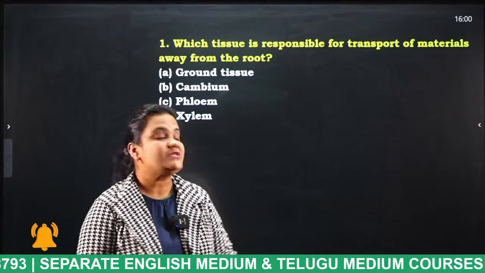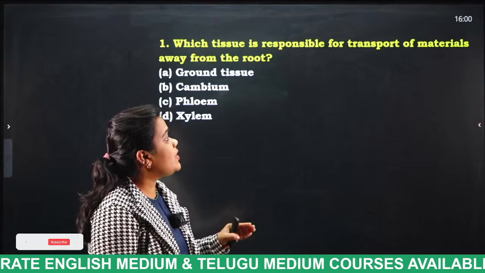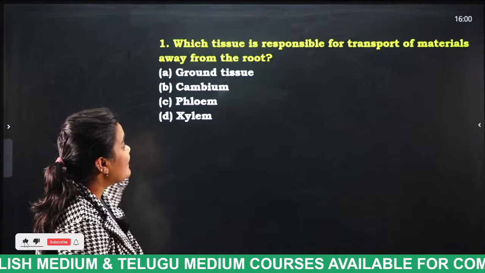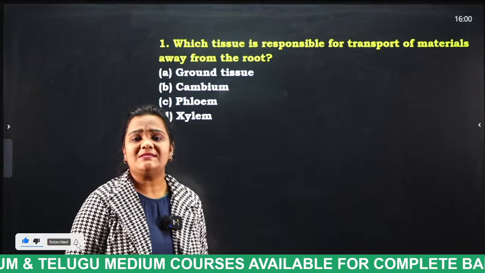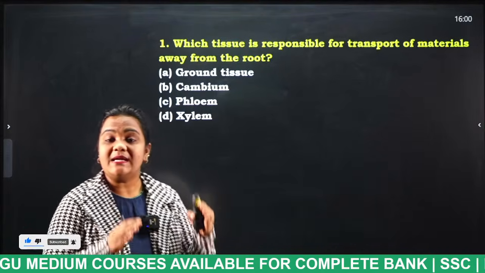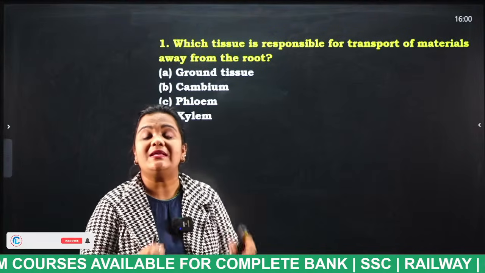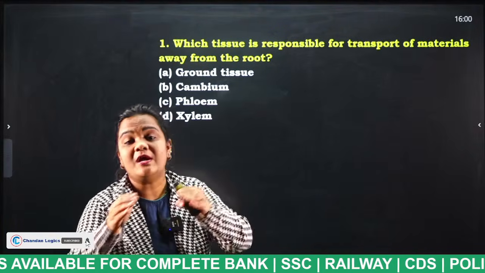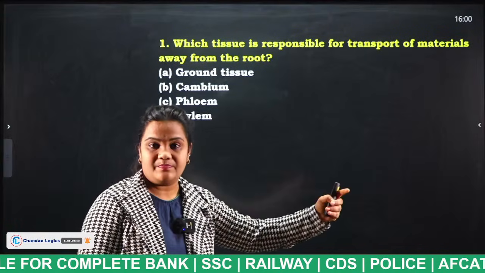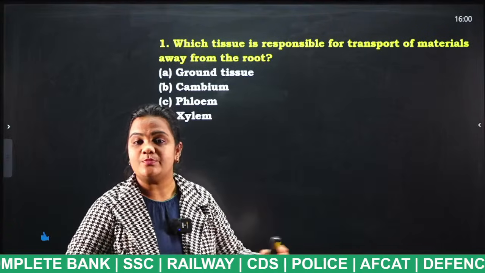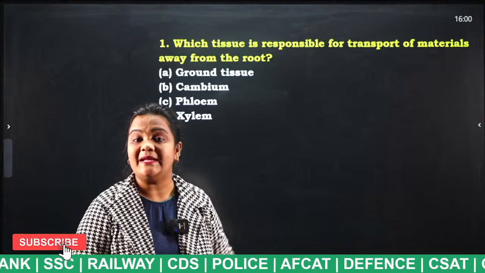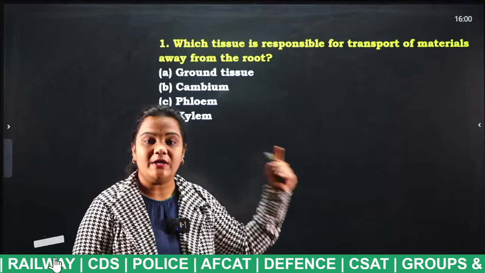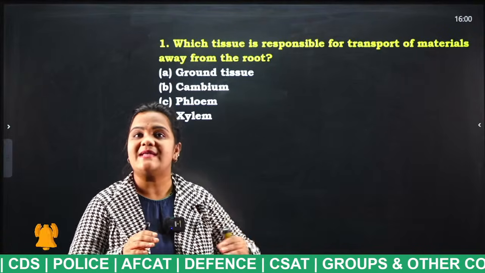That tissue transports water from the roots throughout the plant, and the transportation takes place in a single direction, that means unidirectional. So try to guess the answer, students.